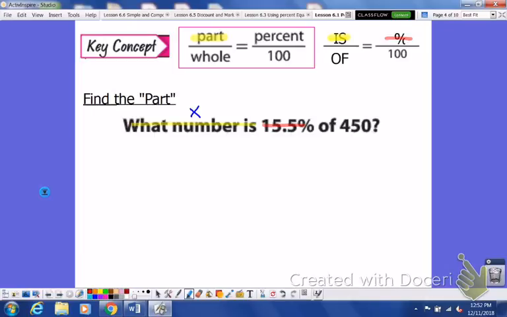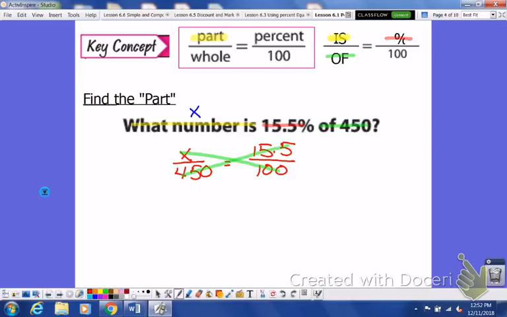And then we see of 450, of was our denominator. So what number is, variable, over our of, which was 450, that equals our percent, 15.5. Percent is always over 100. So again, we want to do our cross multiply and divide.